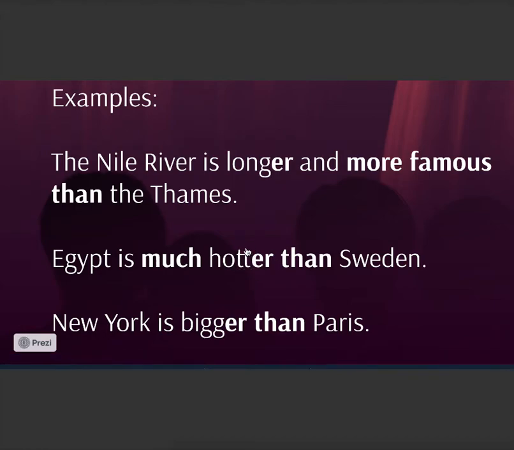So, hotter than Sweden. And this one, New York is bigger than Paris, exactly the same. One syllable adjective, but as it ends in consonant, vowel, consonant, I just have to double the consonant and put er. And then done, okay? Questions about these examples?